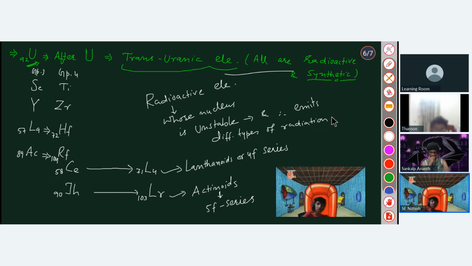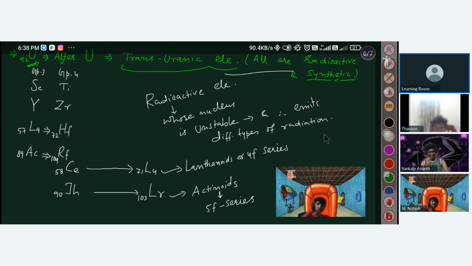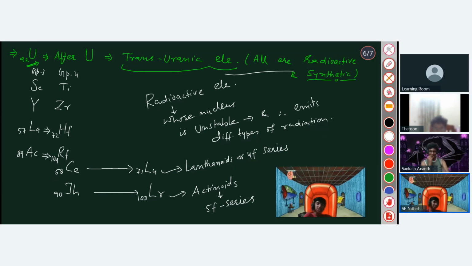It'll kill like 100,000 people, sir. It is their property. Radioactive elements have the property that they emit different types of radiation. That's how terrorists work, sir. Madam Curie, who discovered the radioactive element radium, actually got cancer because of these radioactive elements.